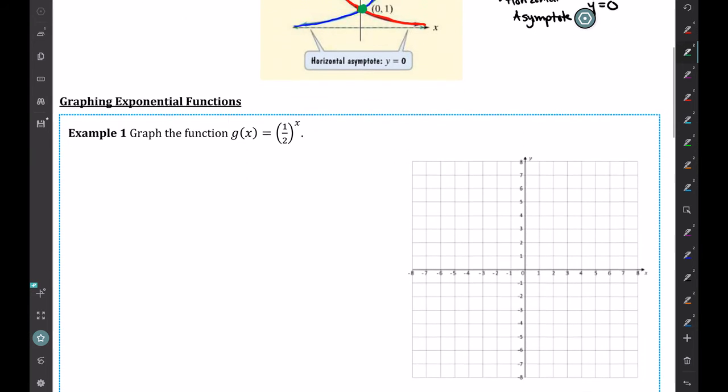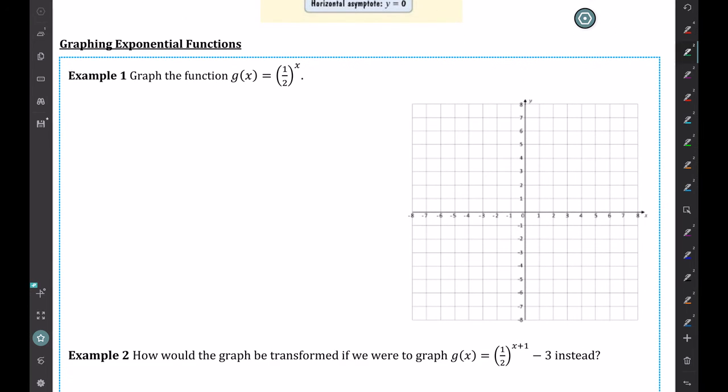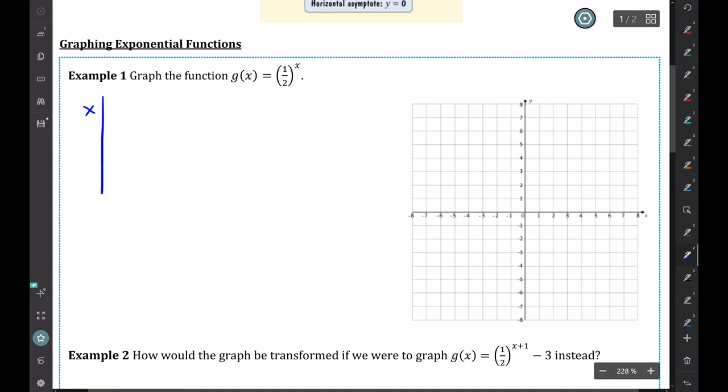So what I'd like to do is start with example number 1, and I'd like to plot g of x equals 1/2 to the x by just picking some points and plotting them. So I'll start with x values over here, and I'll write y equals 1/2 raised to the x over here.